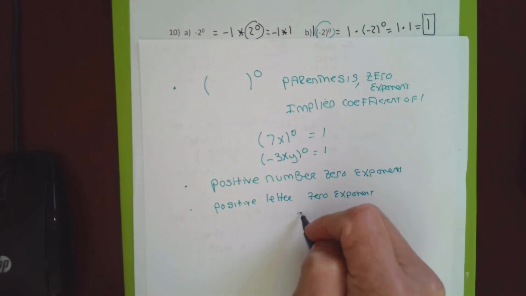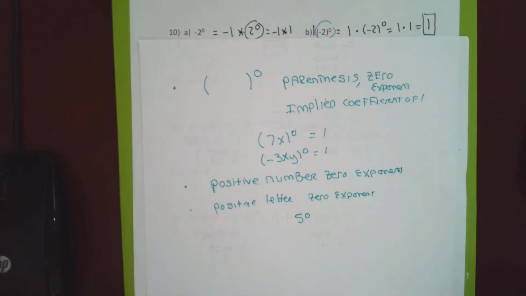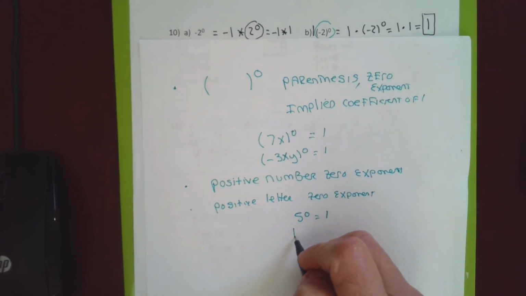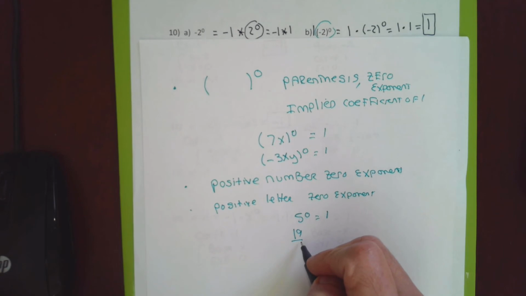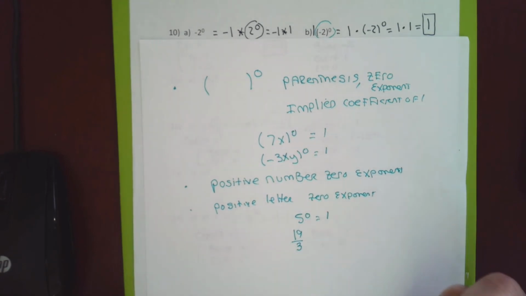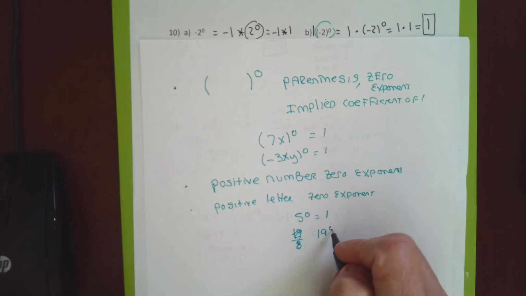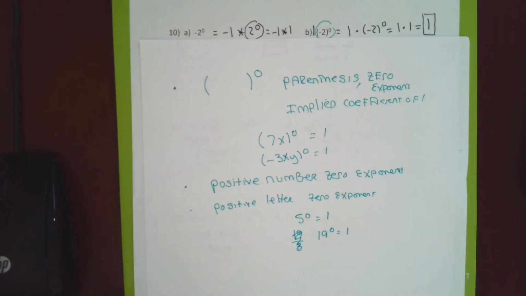So like 5 to the 0 power, positive number to a 0 exponent, 1. 19 over 3, well, I can't do that without a parentheses. 19 to the 0 power, that's going to equal 1.